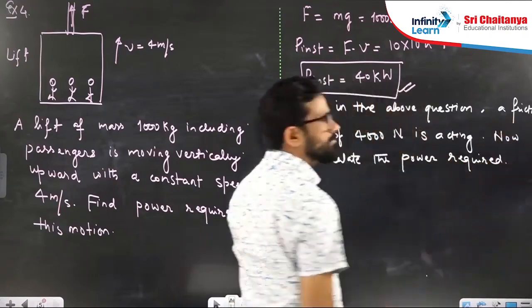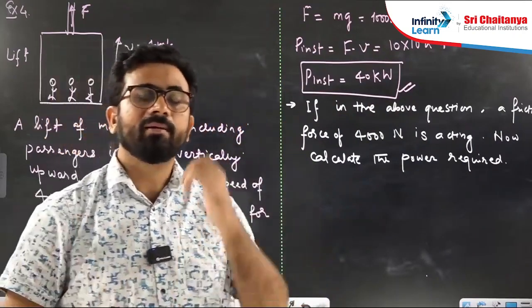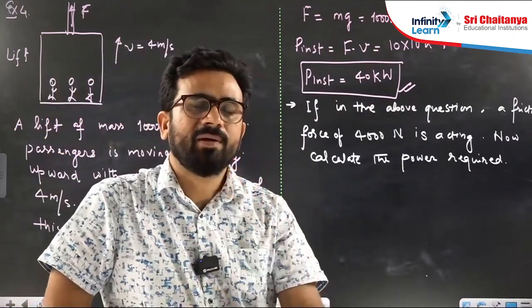This is the question. Now I put one more concept in the previous question. Now you will learn this type of question, if it is asked, how we can calculate.